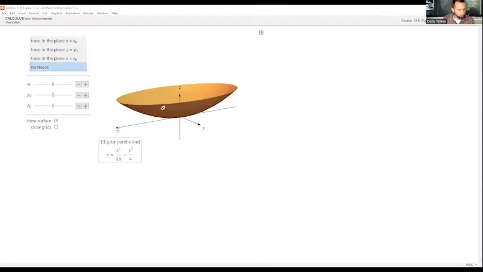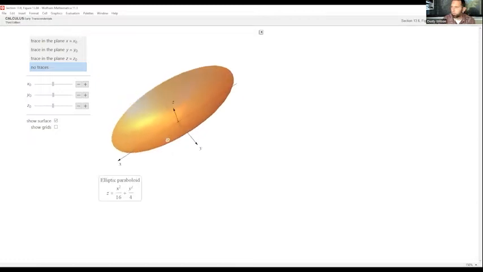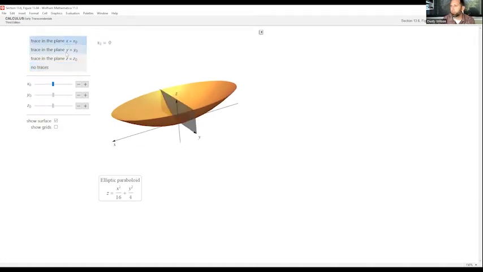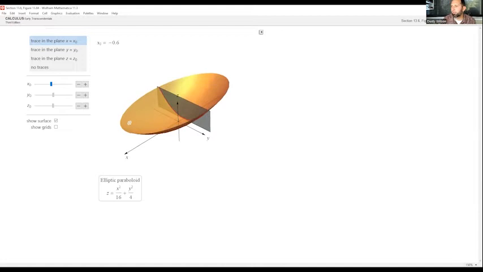Here we have the elliptic paraboloid, or the paraboloid. What I want to point out is that as we move parallel, along the x-axis, all of these traces are parabolas.